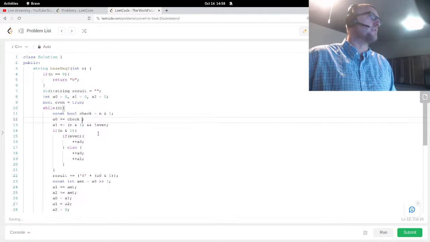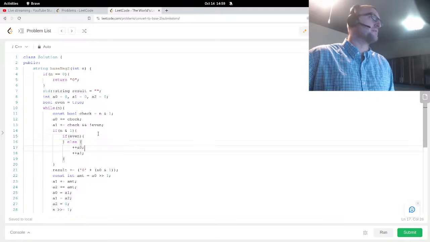Could optimize this even further. I don't know if this is really an optimization, though. I'm assuming it is, right? Because all I'm doing is modifying this, and this is happening in both cases. That happens in both cases.